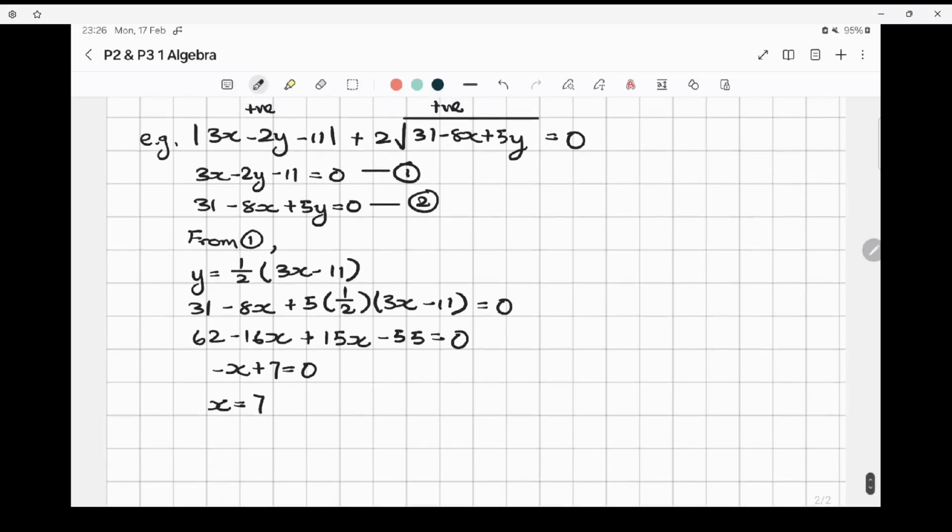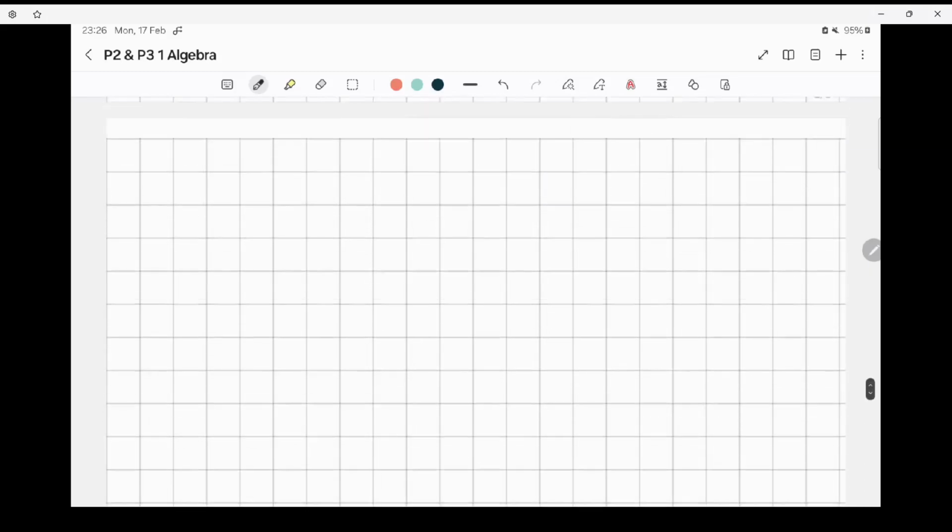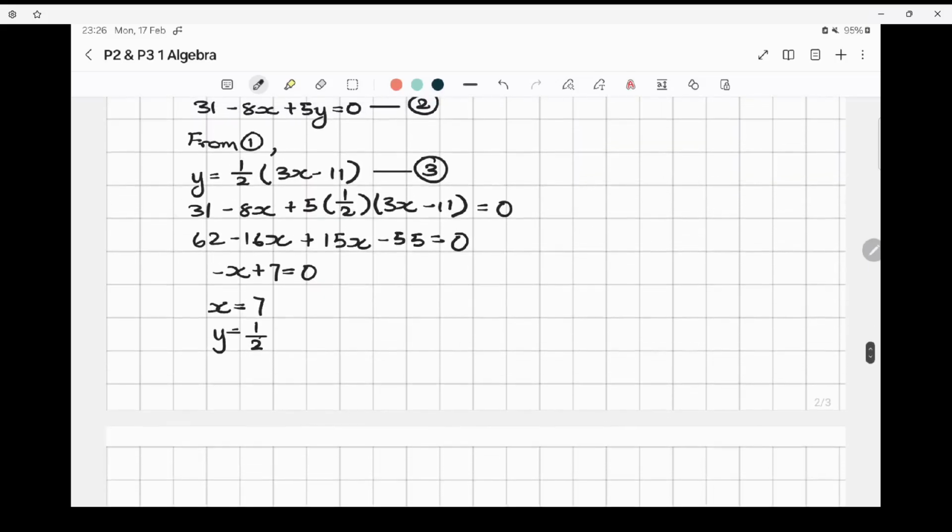So from the first equation, y will be equal to 1 over 2 times 21 minus 11, so you get 5. Therefore x is 7, y is 5.